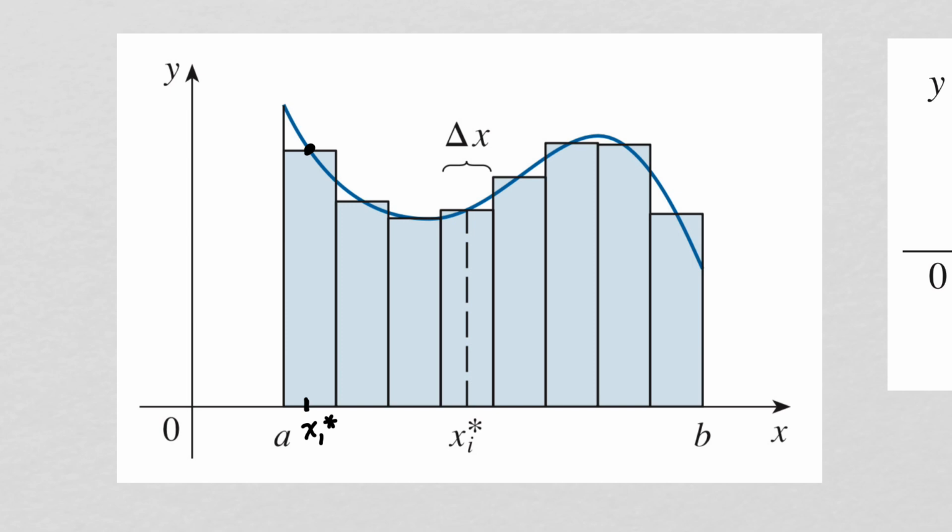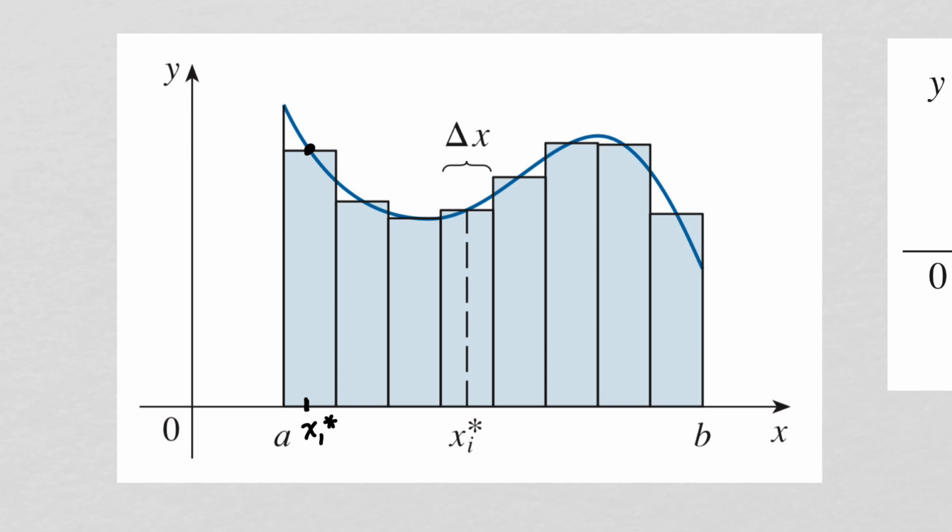We call that x1 because this is the x value corresponding to the height of the first rectangle, and the star indicates that it is the chosen x value of all the x values that we could have used between these 2 points.